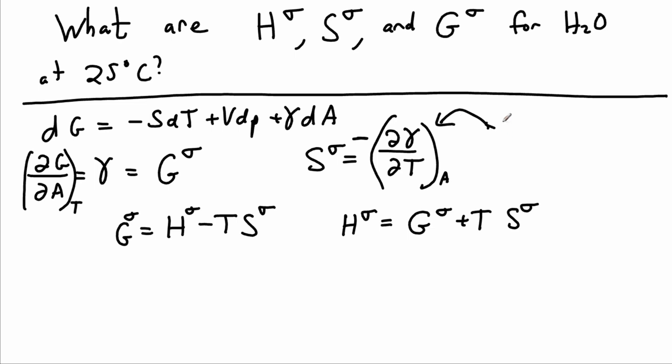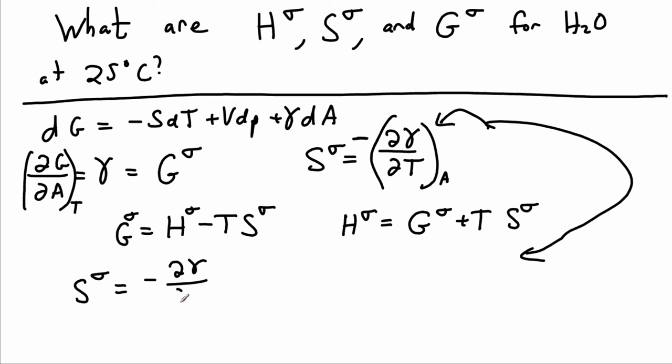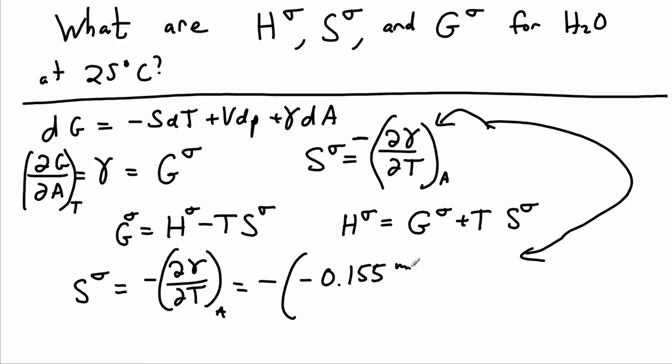So let's go ahead and do that calculation down here. We said the surface entropy is the negative of the change in surface tension with temperature. And so that number was negative 0.155 millinewtons per meter per Kelvin.